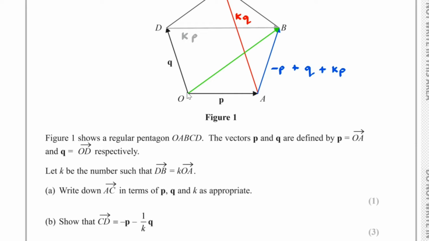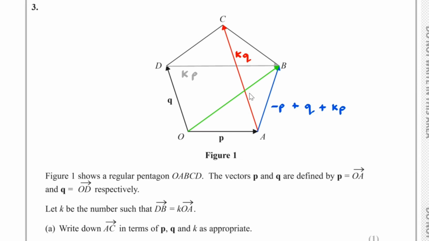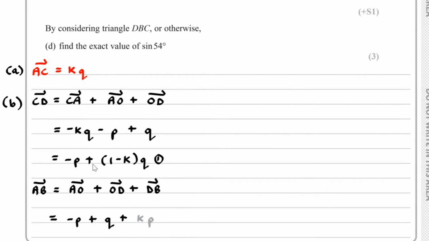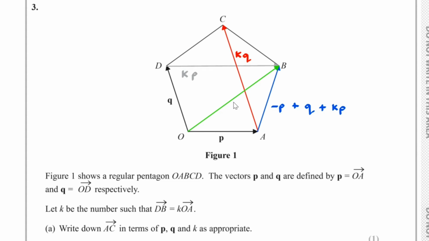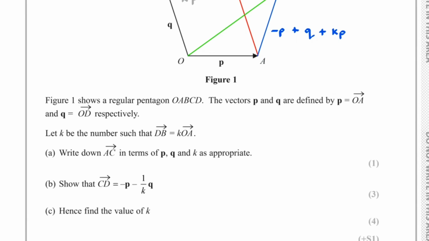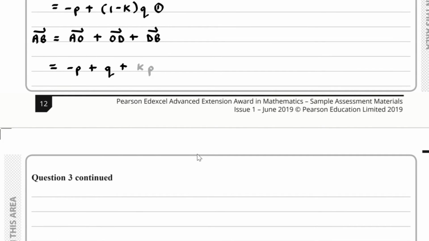We can now find the vector BO, and we already know what CD is. CD is minus P plus 1 minus K Q. So let's find the vector BO. We are starting at B, we are finishing at O. So the vector BO is equal to BA plus AO.